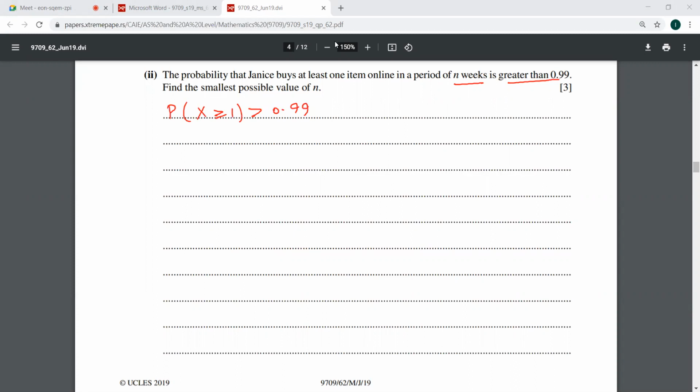This time your binomial distribution is n and 0.35. So this will be 1 minus probability X equal to 0 greater than 0.99. This is 1 minus nC0 0.35 raised to power 0 and 0.65 raised to power n is greater than 0.99.